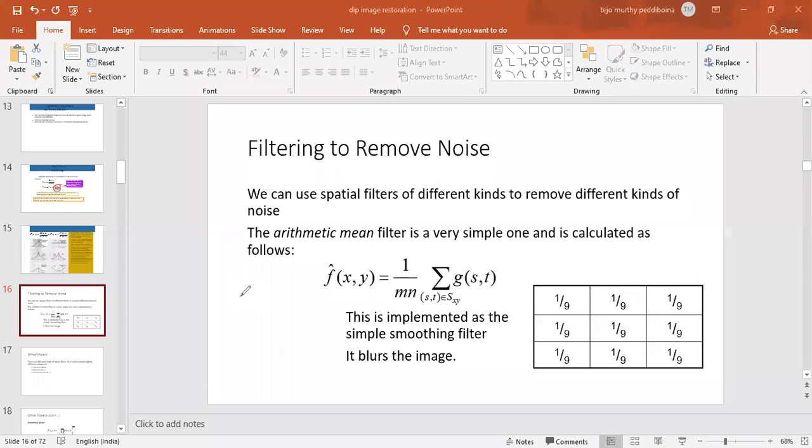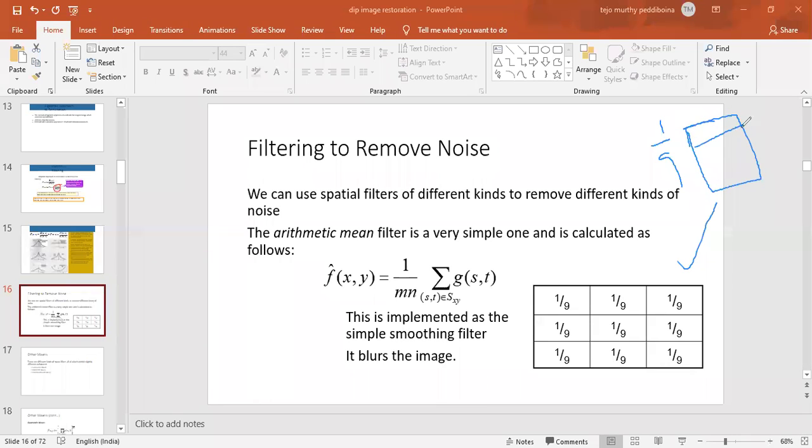These are all spatial filters which remove the different kinds of noise. Each one has its own application. And the simple filter is a mean filter, that is 1 by 9 of all ones. So it is a simple mask here. The mask is a 3 by 3 mask and it is a fixed mask.